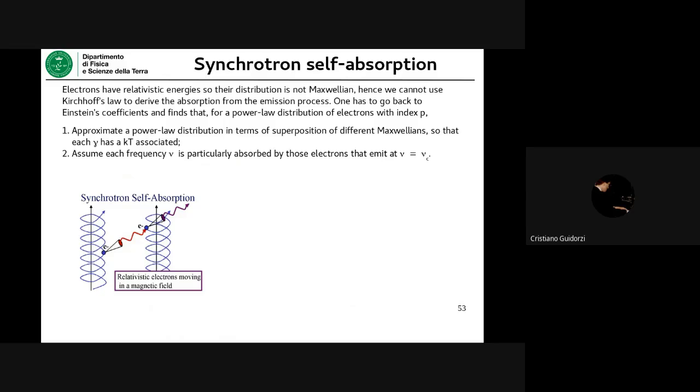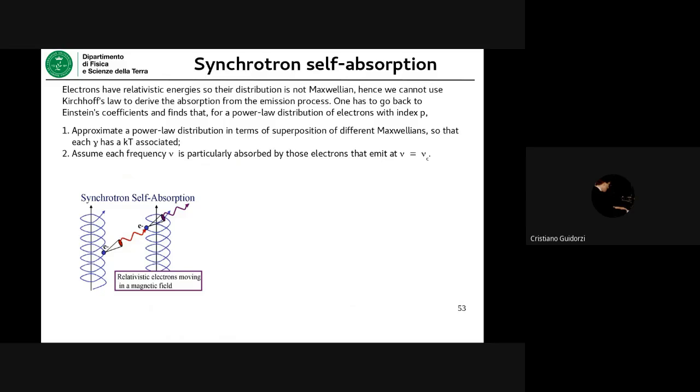In which sense? Well, you know that each single electron is emitted in a continuous way, as a continuous spectrum, but there's a special frequency at which most of its energy will be emitted, which is the critical frequency. So we can associate that any photon emitted at the generic frequency nu is due to the emission of an electron whose critical frequency just equals that generic frequency.